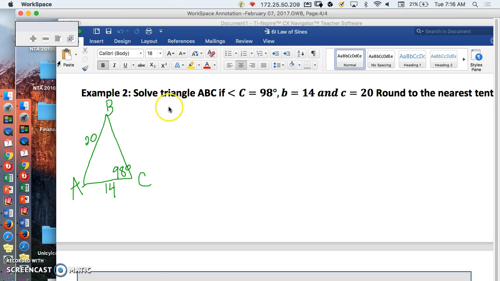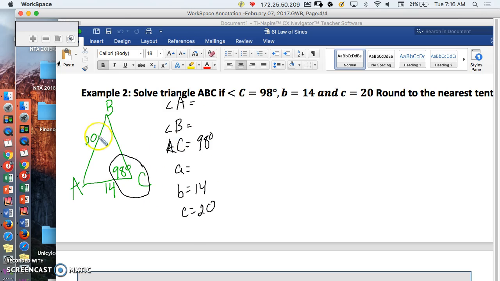So again, everything we need to find is angle A, angle B, angle C. Angle C we know is 98 degrees. And we need to find little a. Little b is 14, little c is 20. So here's our side that we know.